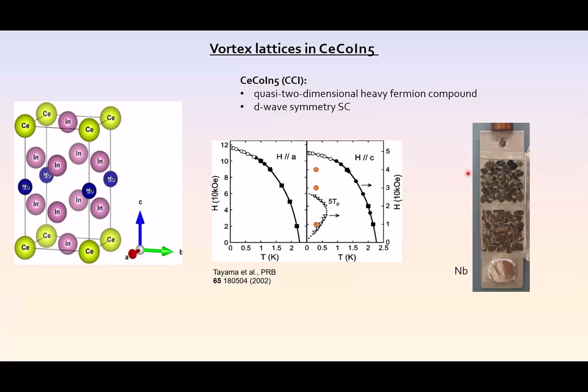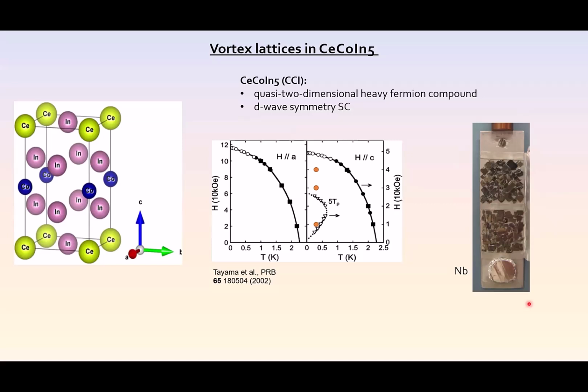But all crystals which we grow were oriented using X-ray in the lab, and we make mosaics of two orientations of these crystals. Here on this side you see the plate. It's a sample which we measured, and here down is niobium for orientation of the magnetic field before we come to the real crystal.